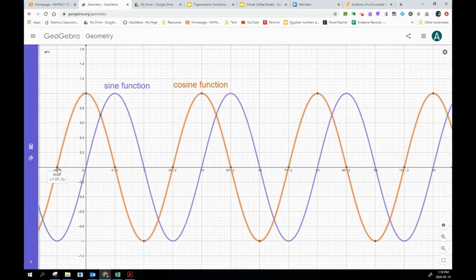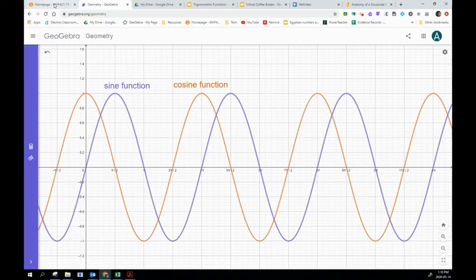And if I had a cosine and I shifted pi over 2 units to the right, it ends up looking like the sine function. So for this reason, usually we focus on one of them because we know we can represent the other with a simple phase shift.